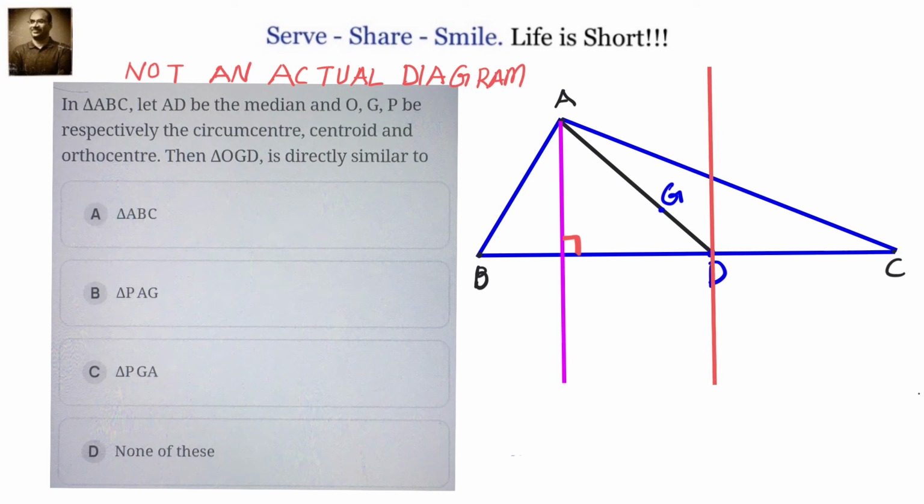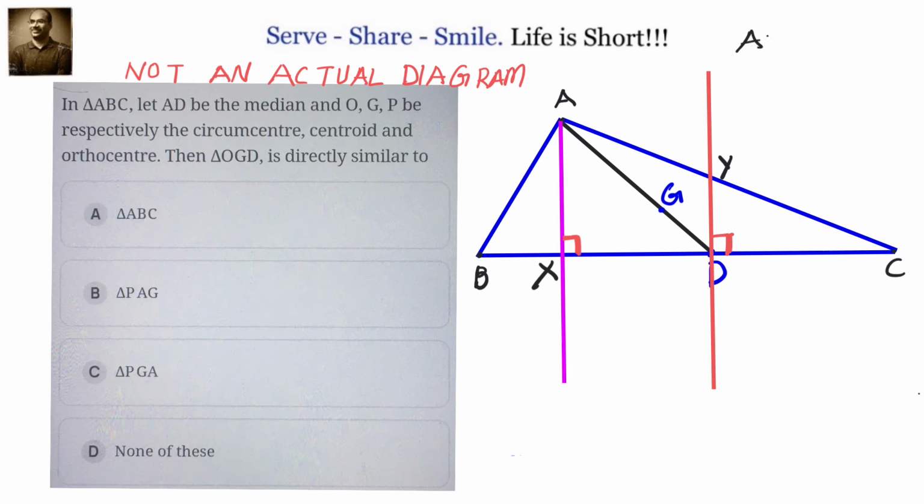So this is the perpendicular bisector we have, and we know that that is at 90 degrees. Let's put some alphabets there so that there is no confusion. Let us say this is X and this is Y. Now what we are saying is very simple.